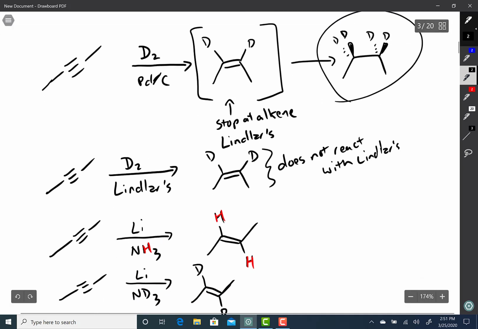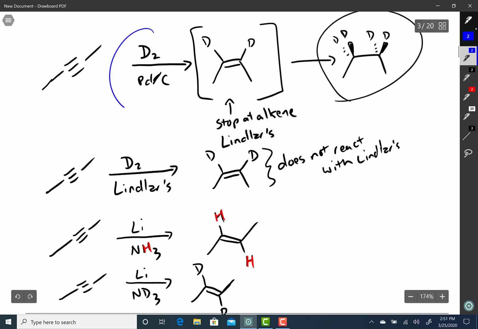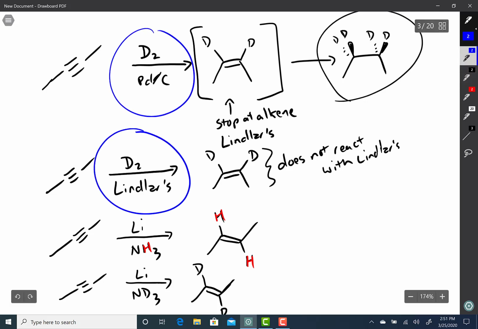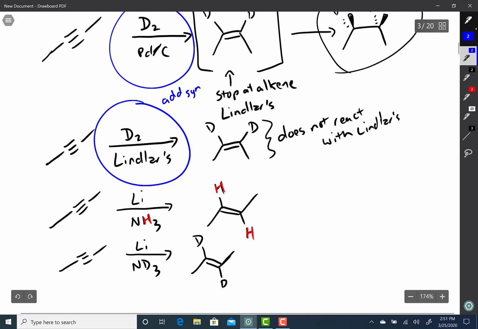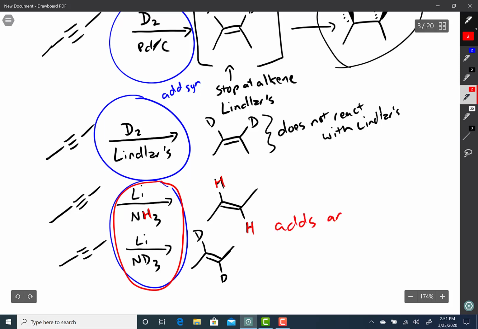So these are the 4 methods. And it's important to know which ones add syn and which ones add anti. These conditions add syn to each other. That means the hydrogen or deuterium you're adding end up on the same face. With the ammonia, it adds anti.